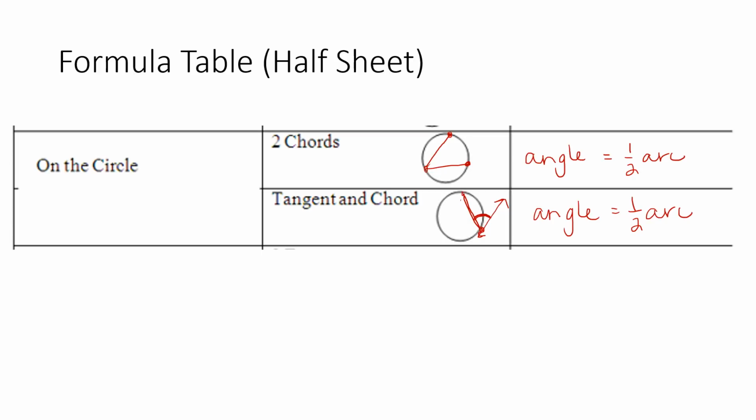So again, when you have a chord that meets a tangent line at the point of tangency, that angle formed by the two is going to be 1/2 the measure of the arc that is between it.